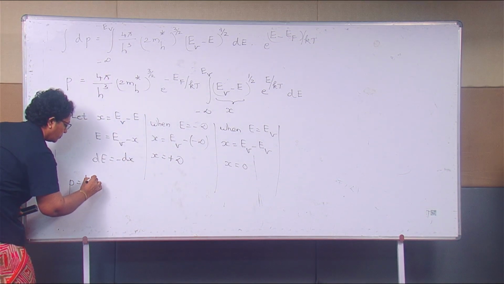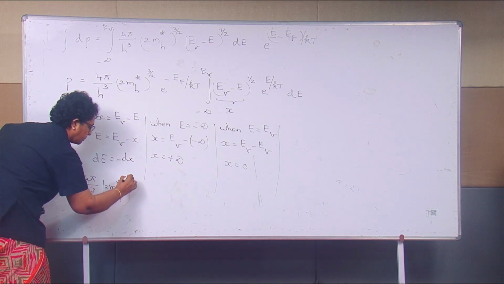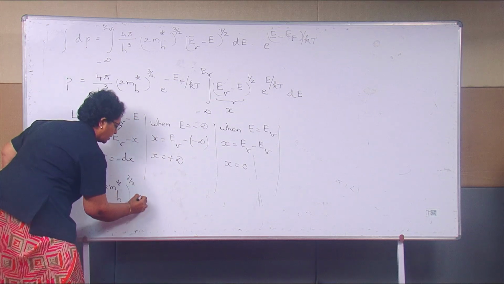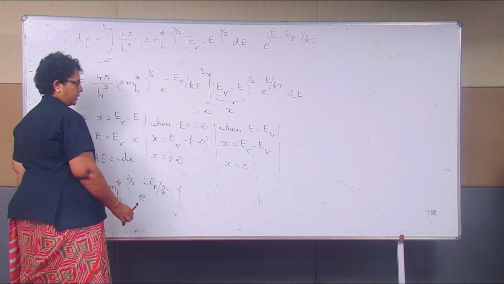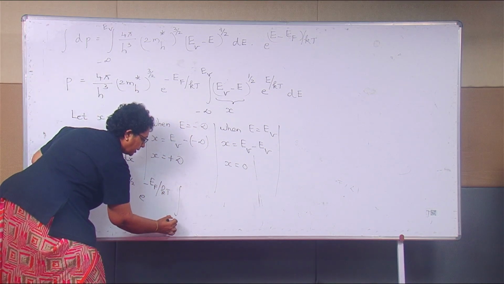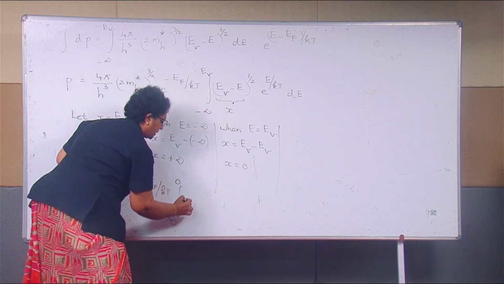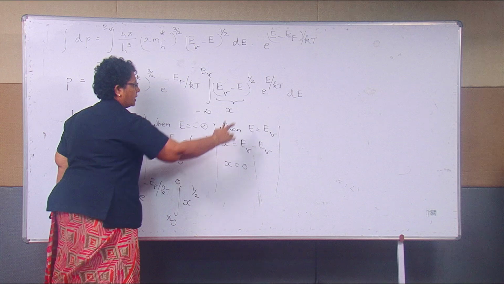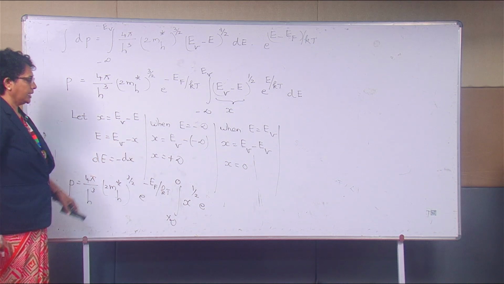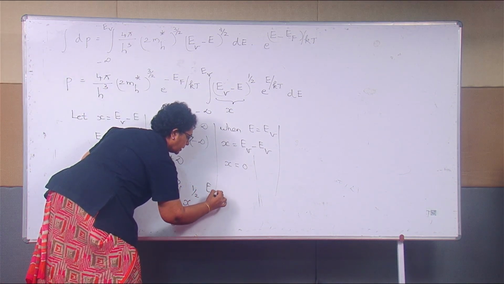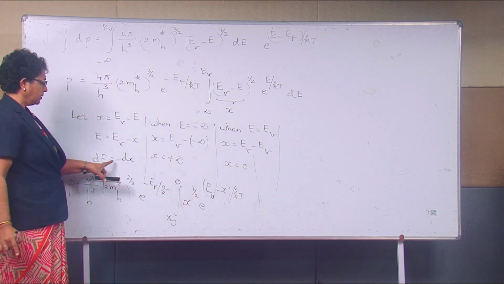So P is equal to 4 pi by h cube (2m h star) to the power 3 by 2, e to the power of minus EF by kT, and the integral limit minus infinity changes to plus infinity and EV changes to 0. This can be written as x to the power of half and e to the power of E, where E is nothing but EV minus x, so e to the power of (EV minus x) by kT, and this dE is nothing but minus dx.